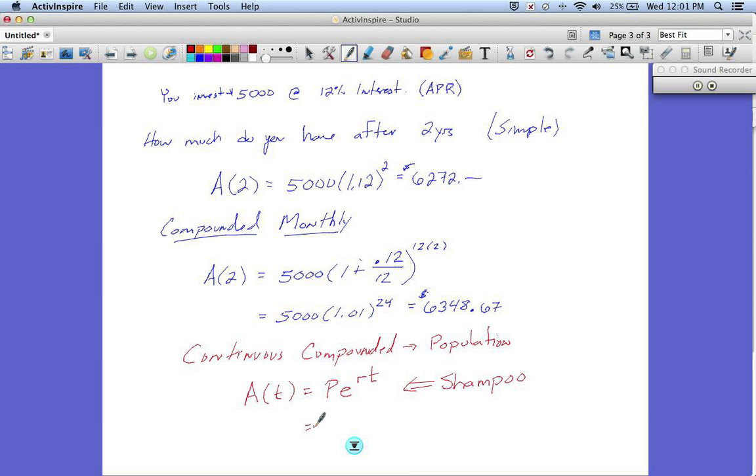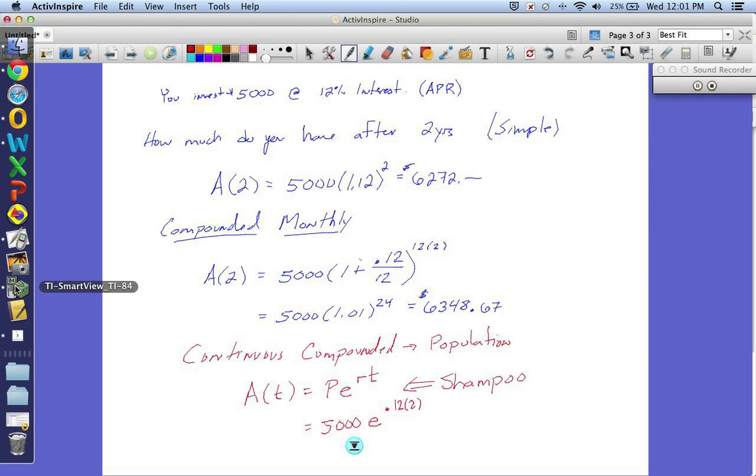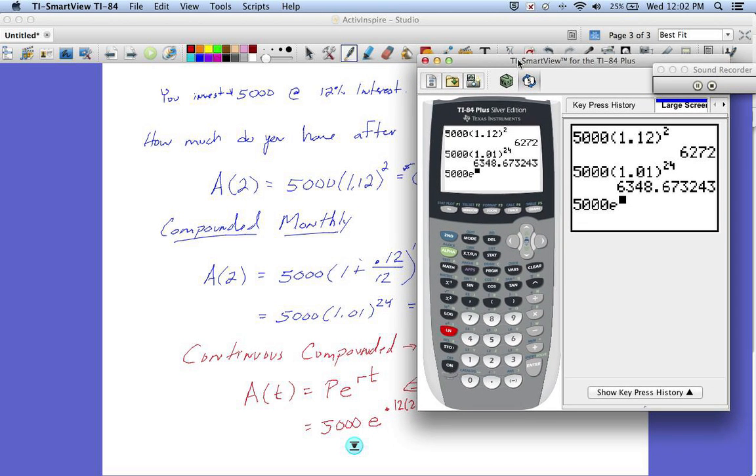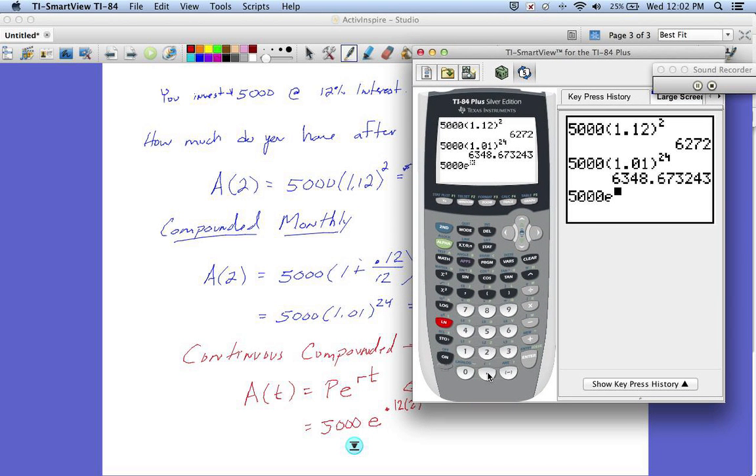So let's take this problem. Say we're doing it for the same 2 years at a continuous rate. 5,000 E. My rate is 12%, so 0.12. And my time is 2 years. So we go to our handy dandy nifty TI-84 calculator. I type in 5,000 and second, natural log using the E, and I'm going to the 0.12 times 2, or 0.24.